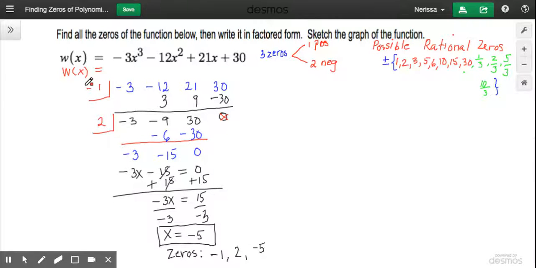So in factored form, it's going to be parentheses x minus the zeros. So x minus negative 1 times x minus the second 0, which is 2. So x minus 2. And the third 0 we found is x minus negative 5.